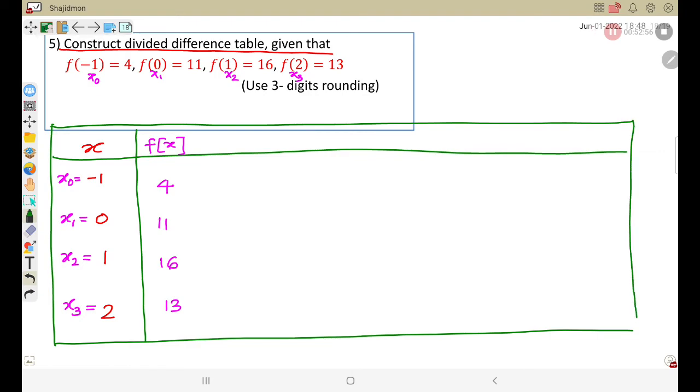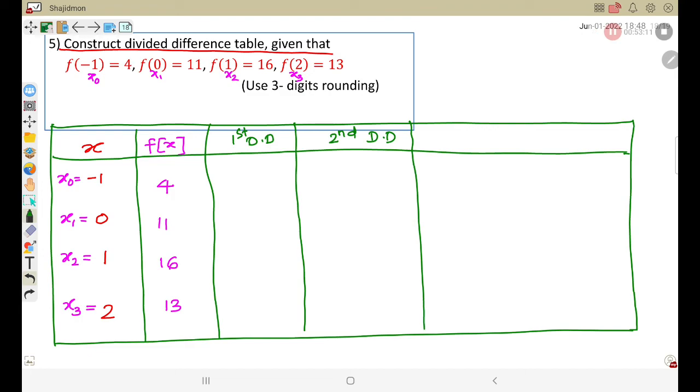Now we are going to create the divided difference. First order divided difference, then second order, then third order divided difference. First we calculate the first order. In between these numbers, one number we need to calculate.